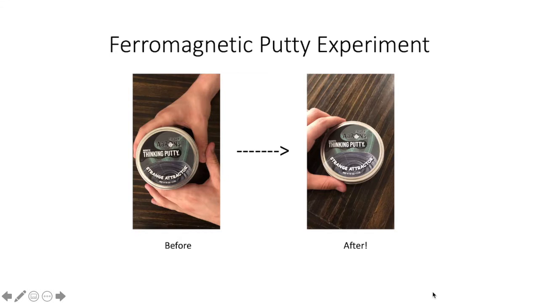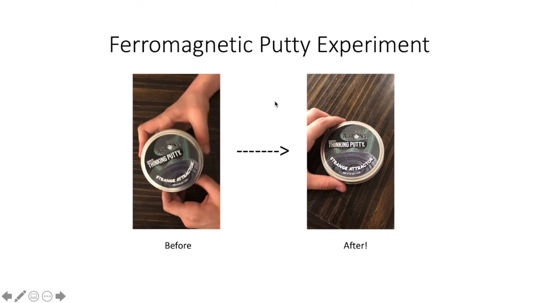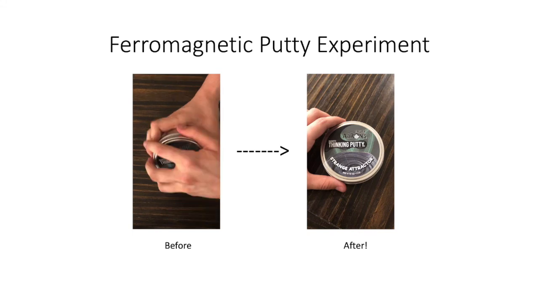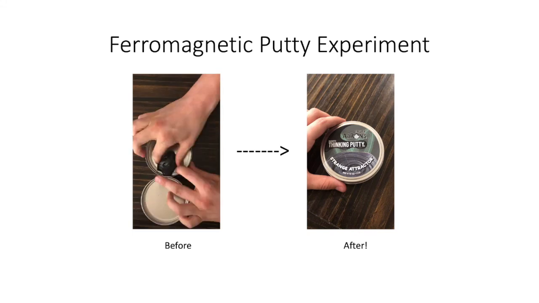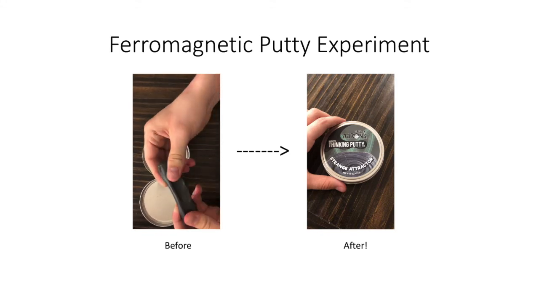Okay, so to explain ferromagnetism a little bit better, I designed another experiment. I went out and bought some ferromagnetic putty, so I made a little video here. In the video, you can see that this putty I have is a magnetic thinking putty, and what we do is we take it out, and you can see it looks a lot like silly putty.